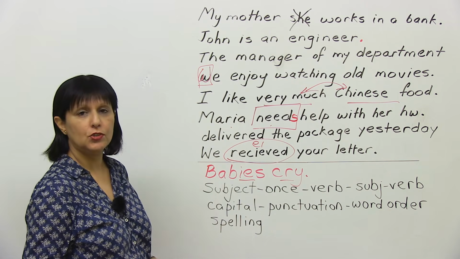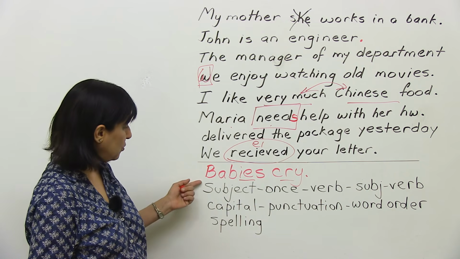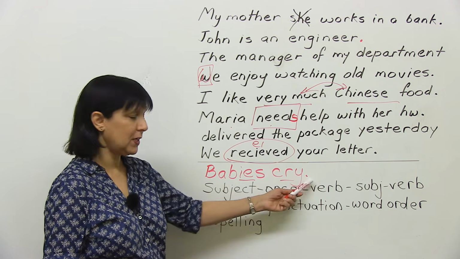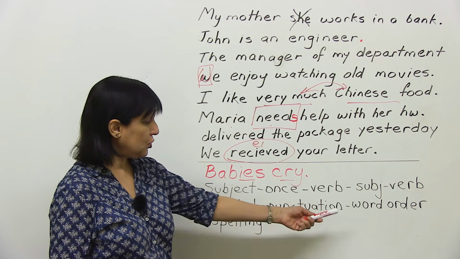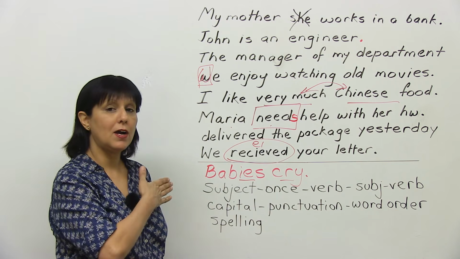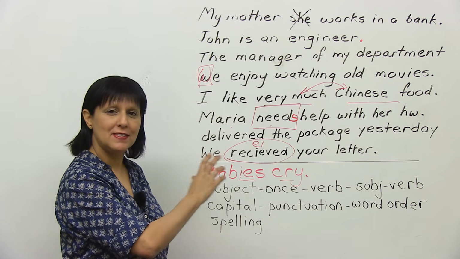A correct sentence should have a capital letter, okay, at the start of the sentence, and we do, so that's fine. A correct English sentence should have punctuation at the end, which we have. We have a period. It should be correct word order, which we have. We didn't say cry babies, which means something else. We said babies cry.